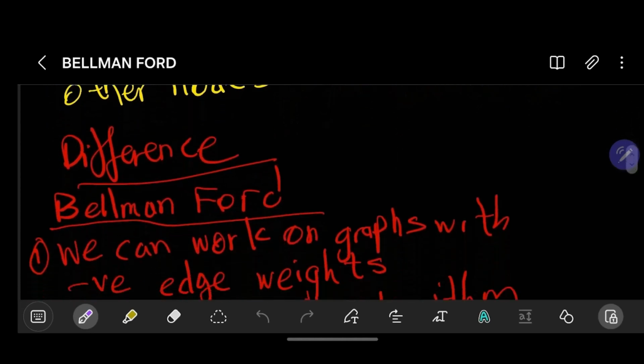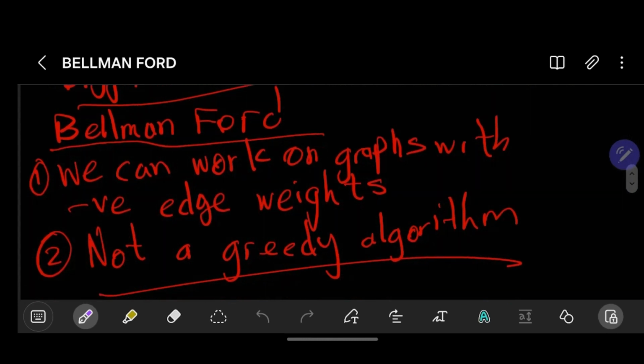The main difference with Bellman-Ford's algorithm is, firstly, it is not a greedy algorithm compared to Dijkstra's algorithm, which is a greedy algorithm. But most importantly, Bellman-Ford's algorithm can work on graphs with negative edge weights, where Dijkstra's algorithm cannot do this.